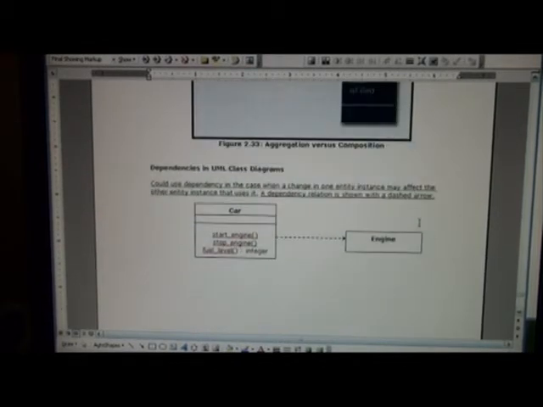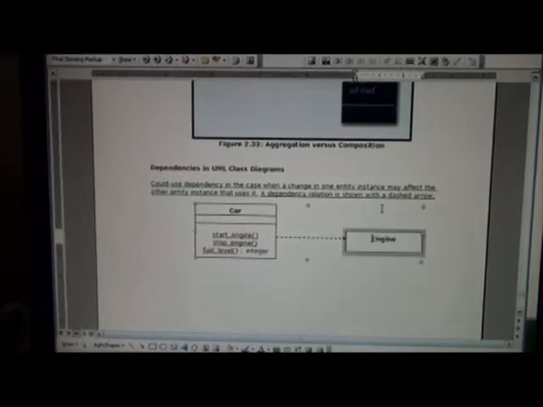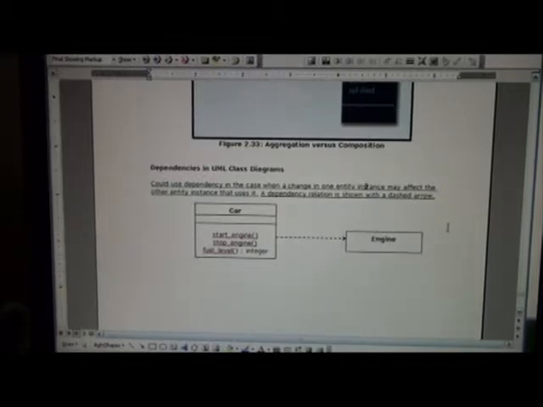Okay, moving along, we can also have dependencies in UML class diagrams. For example, we might have car, and we might have methods like start engine, stop engine, or fuel level, some integer value, and then we could have that being a dependency on whatever type of engine that might exist within the car.